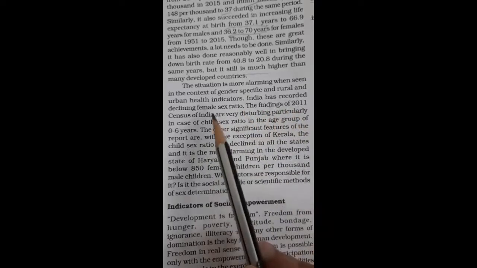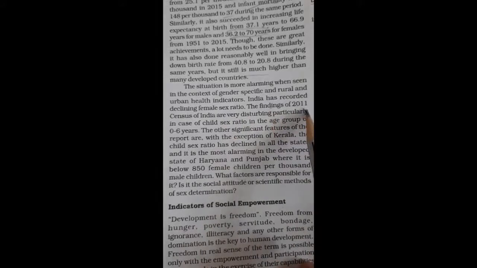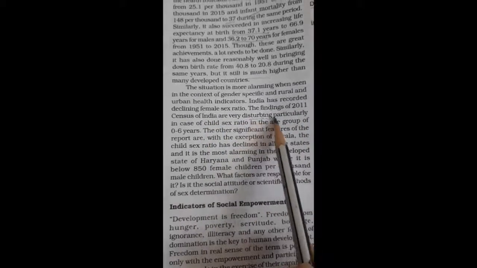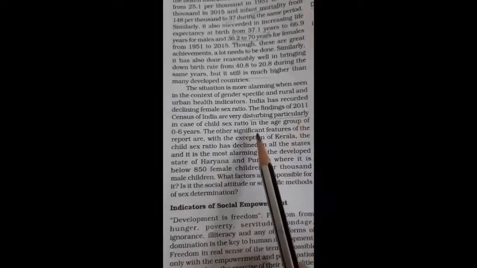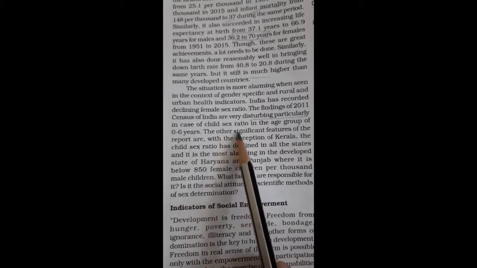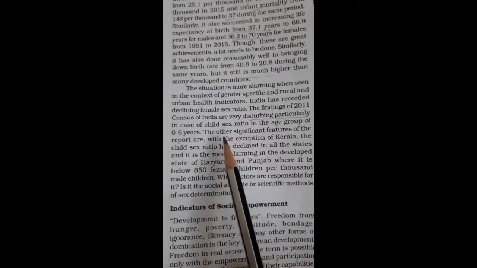India has recorded declining female sex ratio. The findings of 2011 census of India are very disturbing, particularly in case of child sex ratio in the age group of 0 to 6 years. Female sex ratio is now declining. This is a matter of great concern because of preference of the male child.